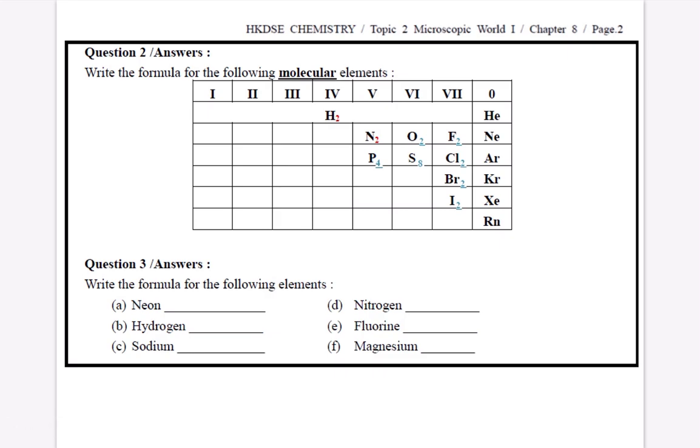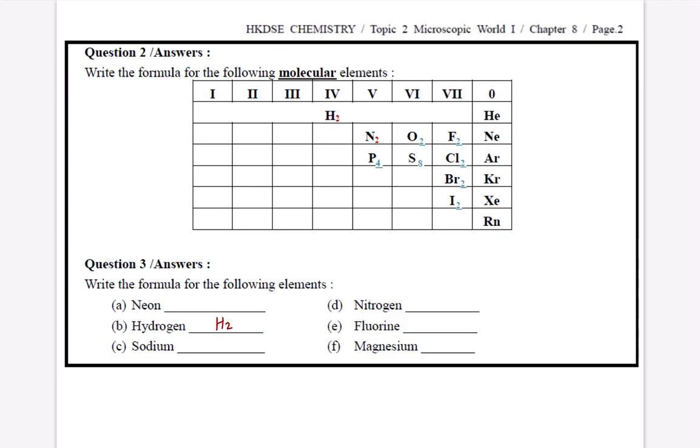Okay, now write the formula for the following molecular elements. You have these in this table, and then question 3, write the formula for the following elements. So for example, I just write one for you. For hydrogen, it is H2.